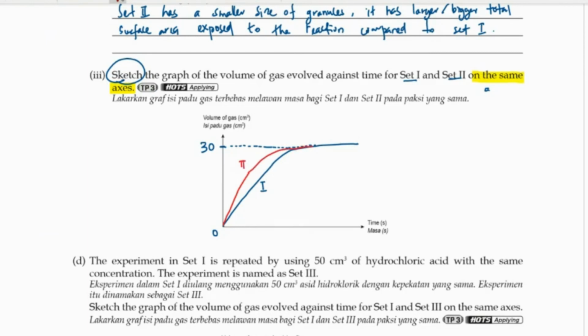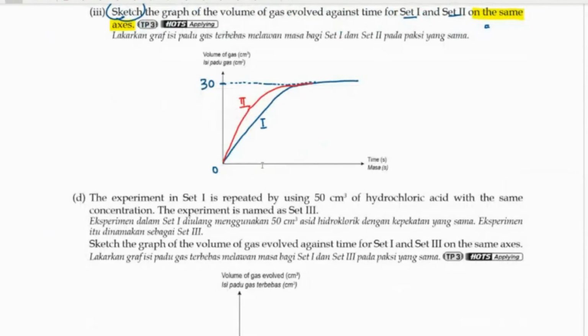So this is set 2. Can you understand this one?